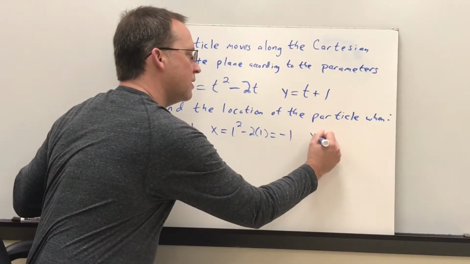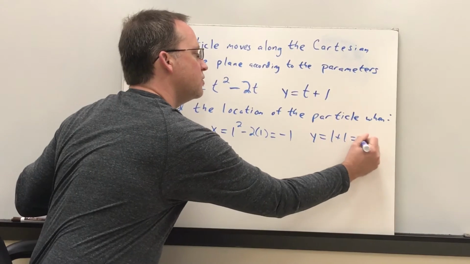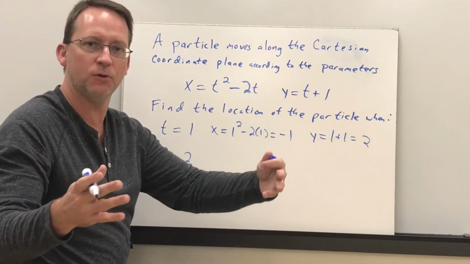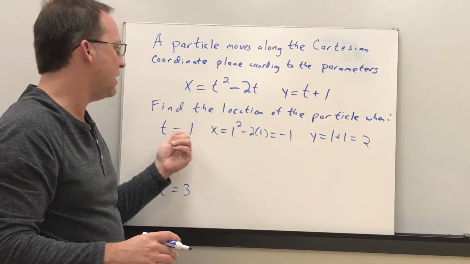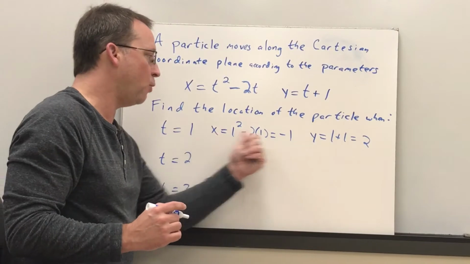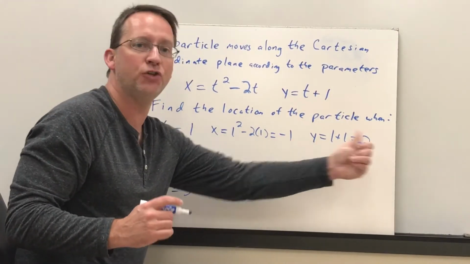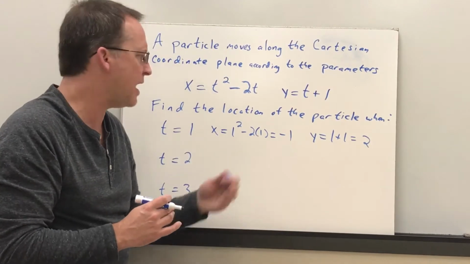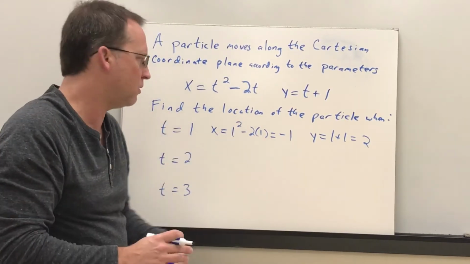The y coordinate is going to just be 1 plus 1, which is 2. So when t equals 1 second or minute or whatever the time span is, after the beginning of the motion, the particle will be at the point (-1, 2) on our coordinate plane. And we'll look at what that looks like on our graph on the next slide.